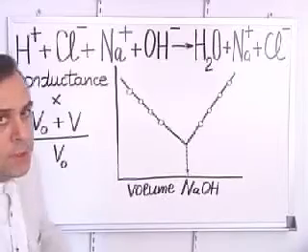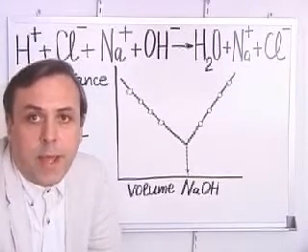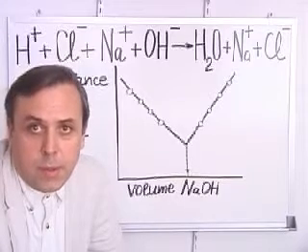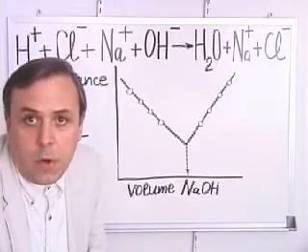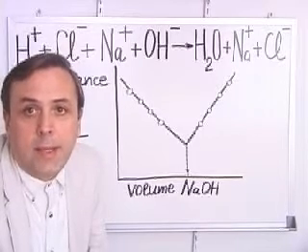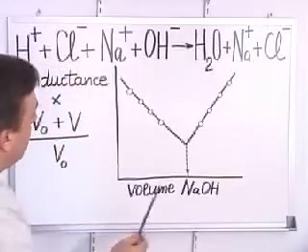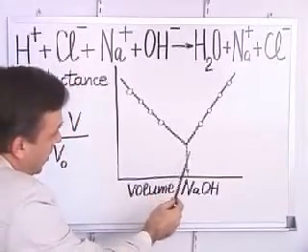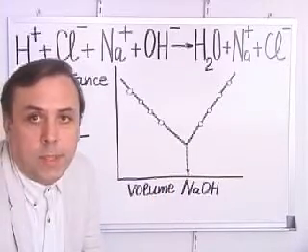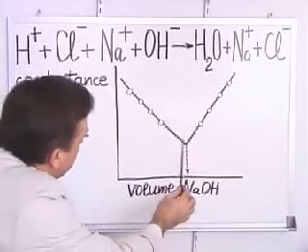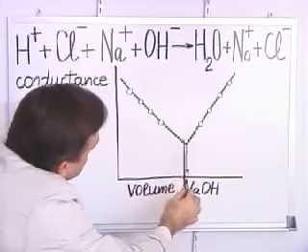This is important because in some cases, at the endpoint, the reactions may not go to completion. For instance, when titrating weak acids and weak bases, or when during the titration slightly soluble salt is obtained. In such instances, the values of conductance around the endpoint will not be useful for the purposes of titration, because in this region, a curvature in the plot is observed.